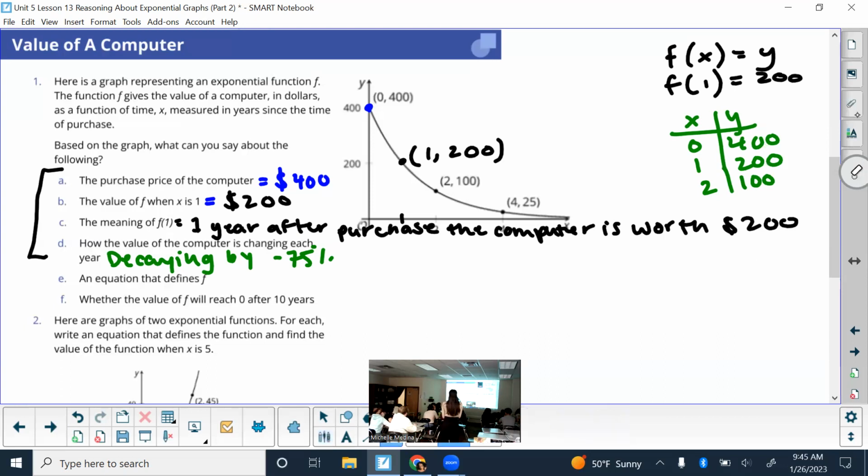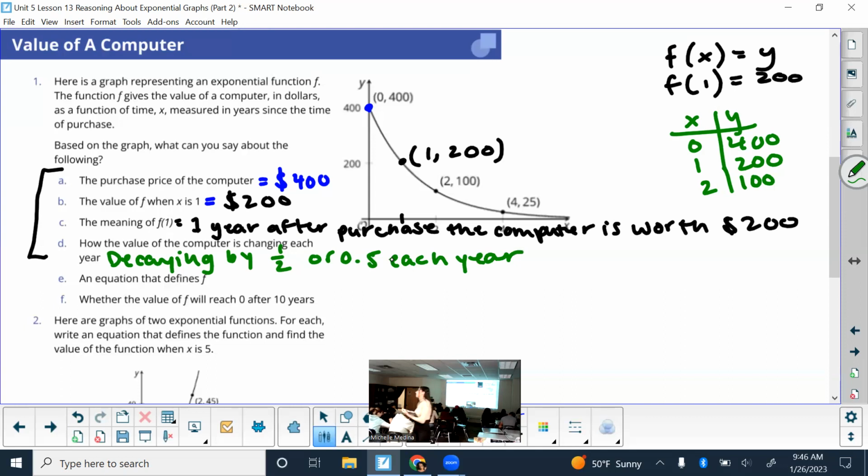Going down by 50%. So it's decaying by 1/2 or 0.5 each year. All right, that's what it's decaying by each year.